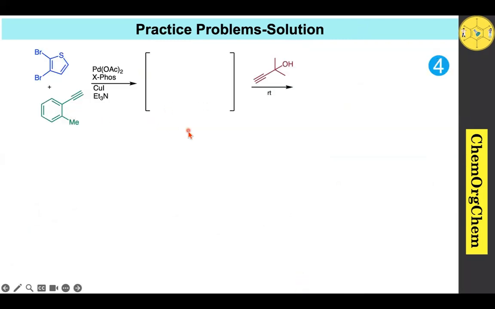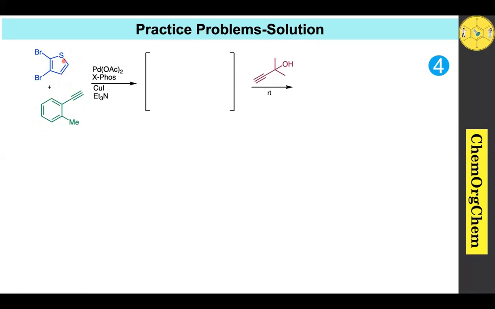Now let's move on. This is an interesting practice problem. This thiophene substrate has two bromide substituents. It reacts with this terminal alkyne under Sonogashira cross-coupling reaction conditions. There are two sites in this thiophene system. Just remember that in the Sonogashira cross-coupling reaction, the more electrophilic site readily undergoes coupling with the terminal alkyne.